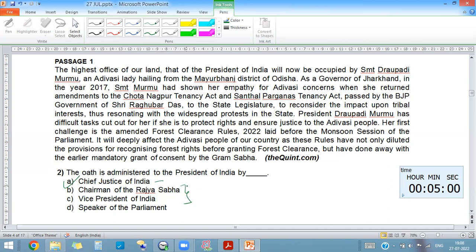Presently it is Mr. Venkaiah Naidu, but if you were to look at it from the constitution's point of view, we have Article 63 that says the vice president of India will also be the chairman of the Rajya Sabha.